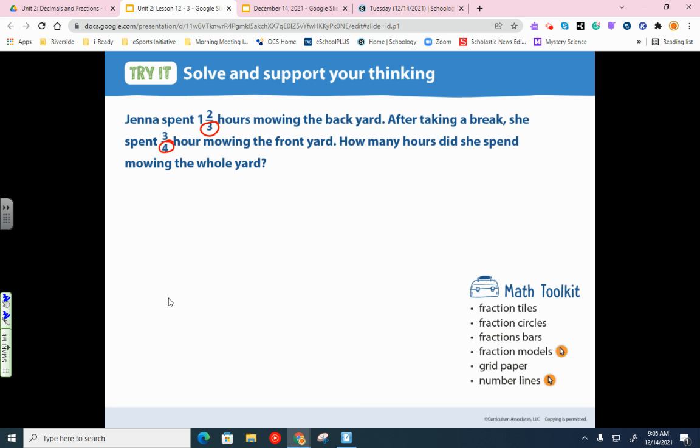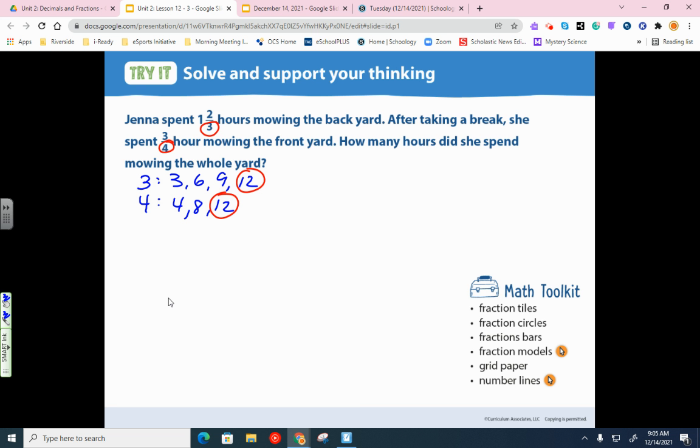What we need to do is come up with a common denominator. And an easy way to do that is list out our factors. And if I go out on these, I notice that 12 is my common denominator. So here's our 12. Okay.